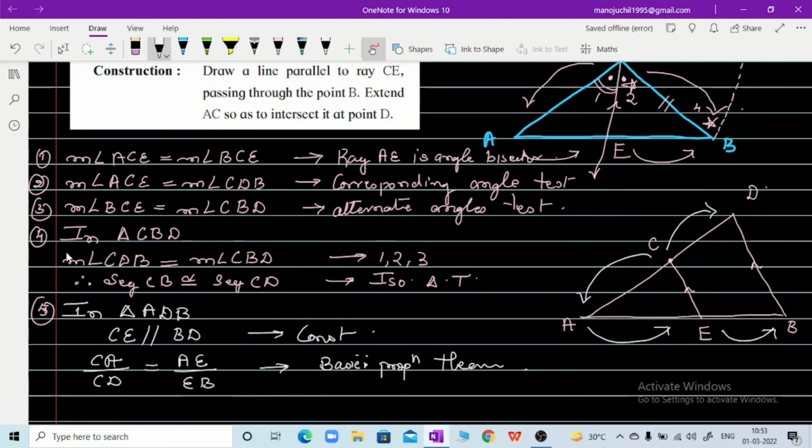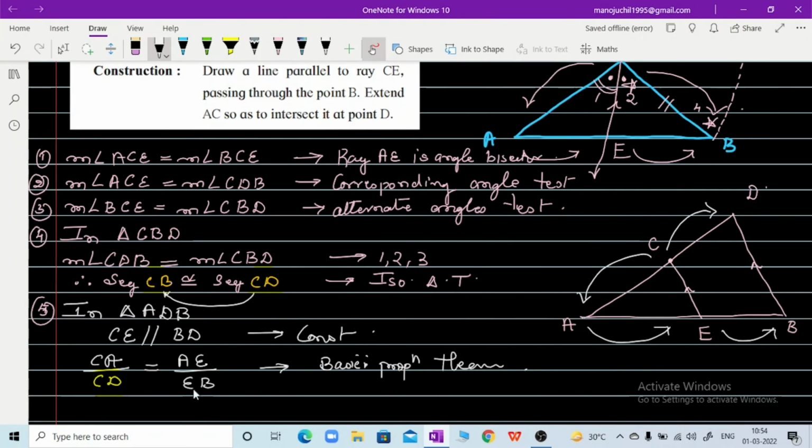Now, in statement number 4, you have already proved CD is equal to BC. So in place of CD, can we substitute and write it as BC?